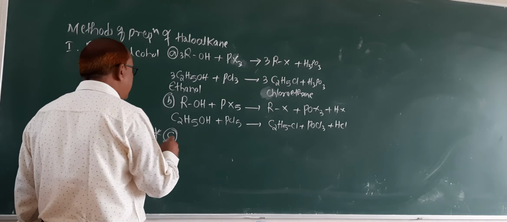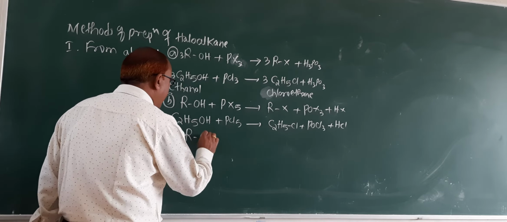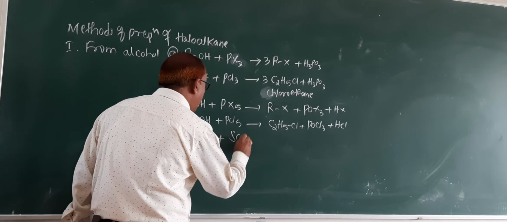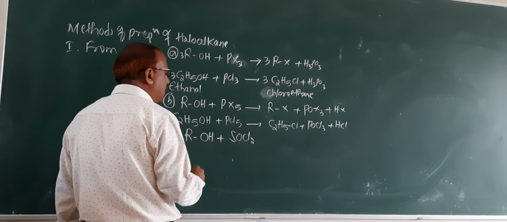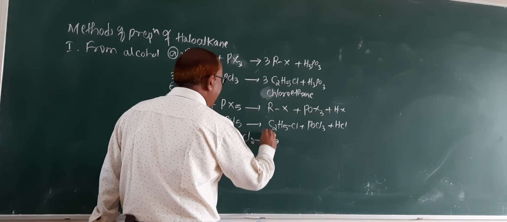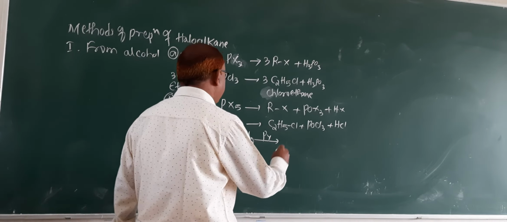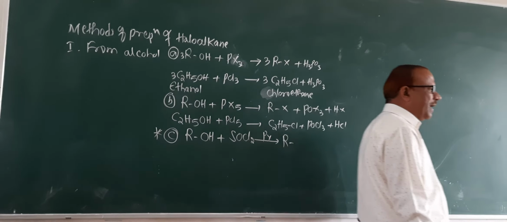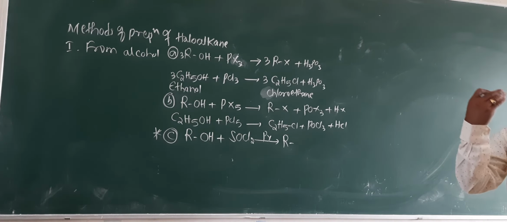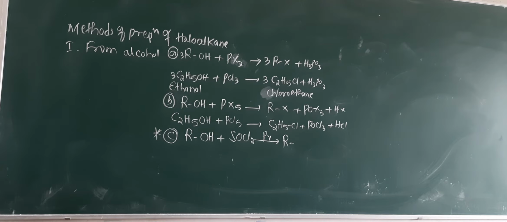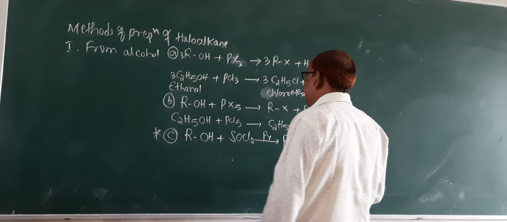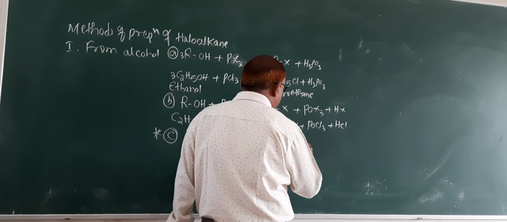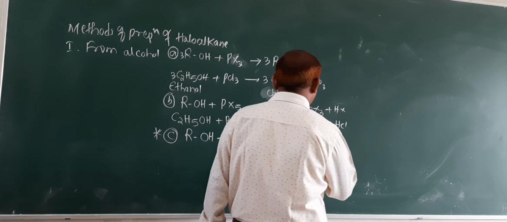Another little important one, when alcohol is heated with thionyl chloride, SOCl2 is called thionyl chloride, in presence of a pyridine catalyst. In the first sub number A and sub number B, you may expect any haloalkane, but in sub number C, since the reagent you are using is thionyl chloride, don't write generally as RX, you must write RCl because no general is possible.